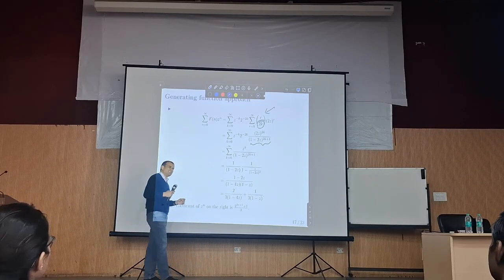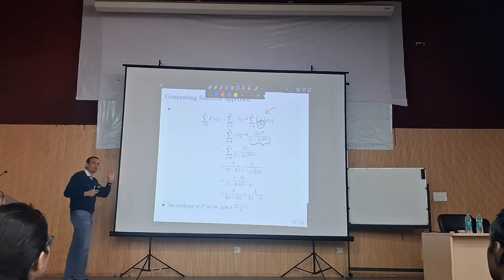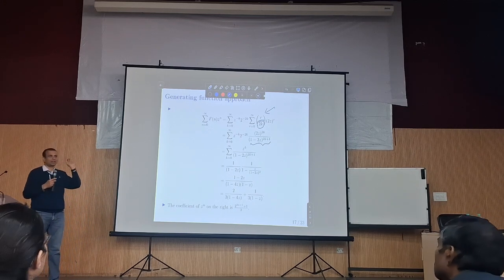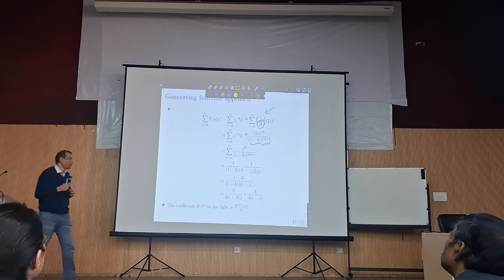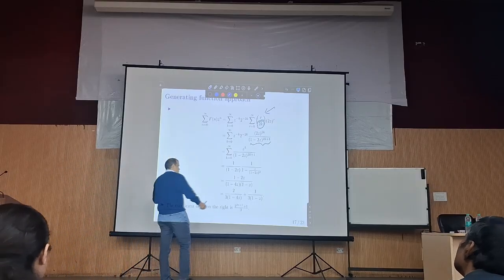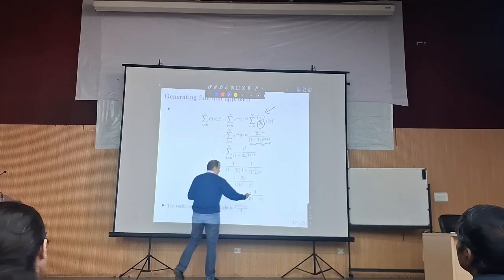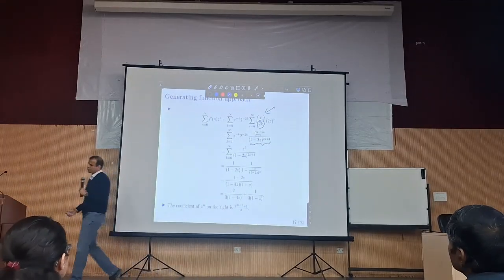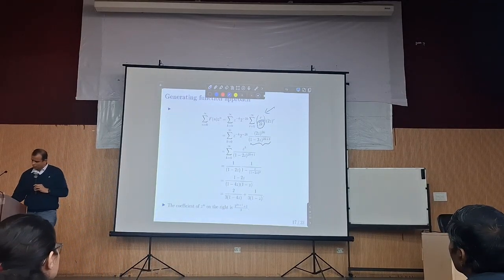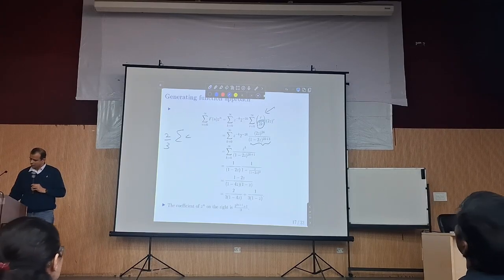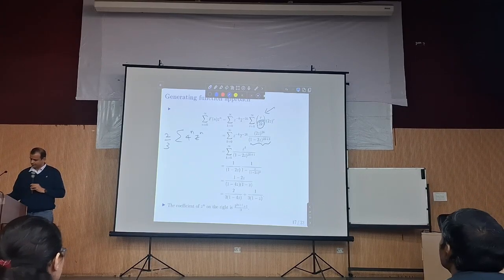Now what I am interested in is the nth coefficient. And remember my goal was to find the nth coefficient of this f of n. So all that I need to do is look at the nth coefficient of this and the nth coefficient of this and then consider the sum. What is going to be the nth coefficient over here? It's going to be 2 by 3. It's a geometric series, right? Summation 4 to the n, z to the n.